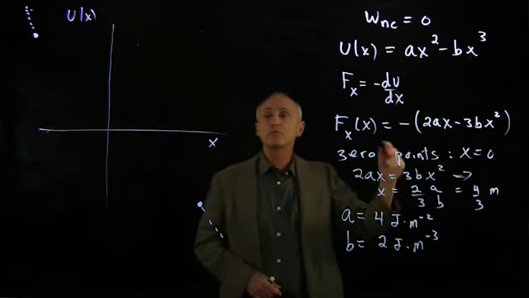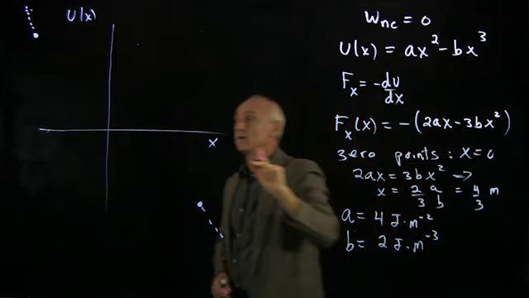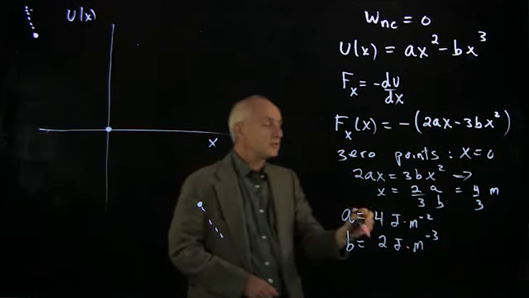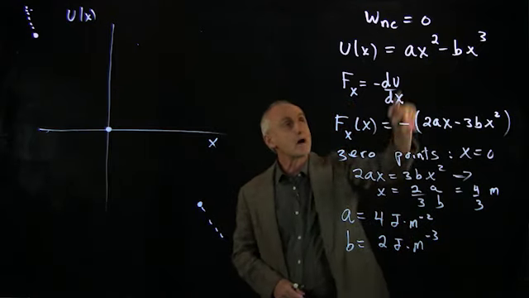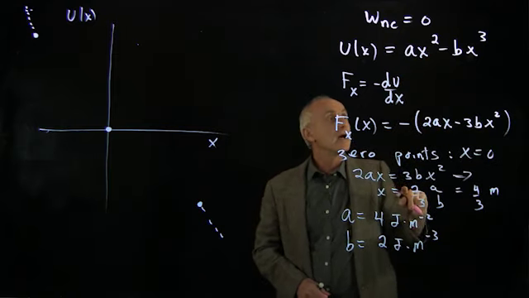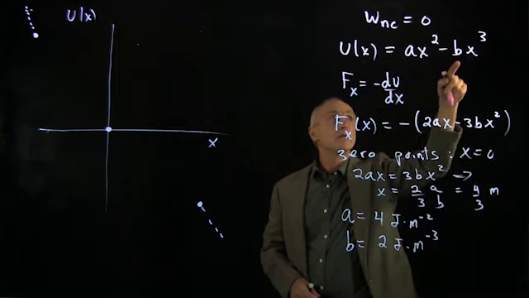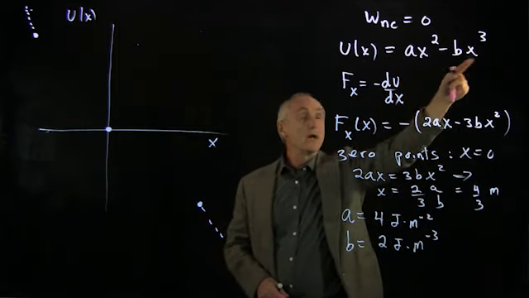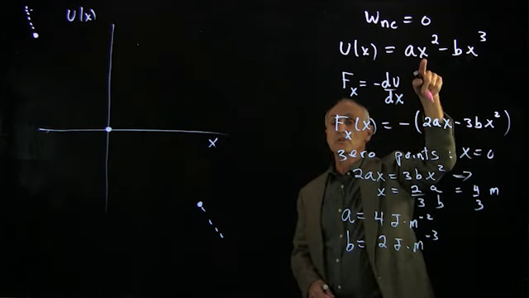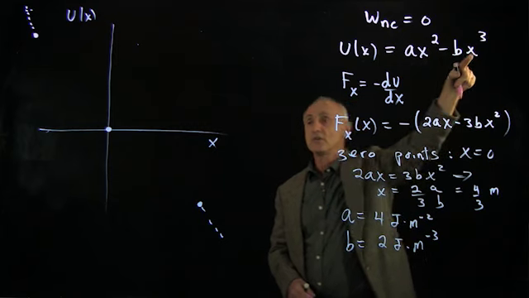Now, where are the zeros of the potential function? There's obviously one at x equals 0. And with these values, it's not 100% obvious immediately, but consider 4x squared minus 2x cubed. If you set x equal to 2, 4 times 2 squared is 16, and if b is 2 and x is 2, 2 times 2 cubed is 16.